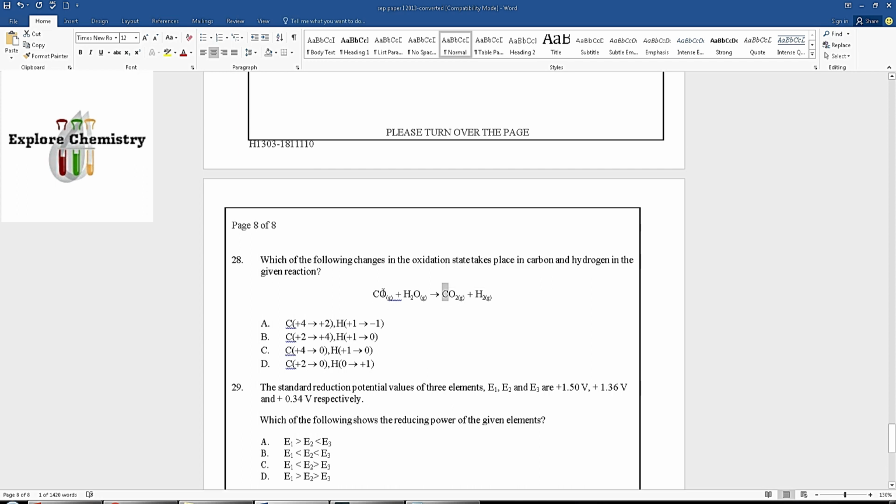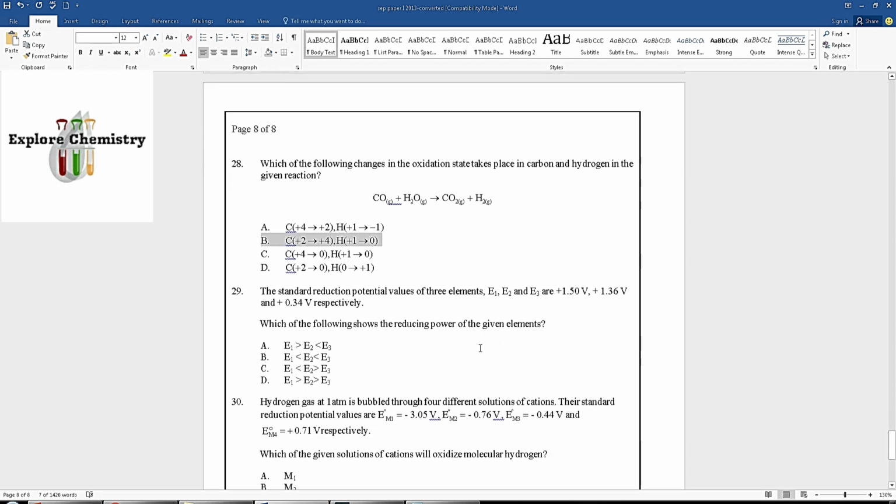So from +2 to +4 it is changing. So either option B or option D is correct. Now let's see, hydrogen oxidation state is +1 here, but it is 0 here because hydrogen is present in free state. So from +1 to 0 it is changing. So option B is correct.